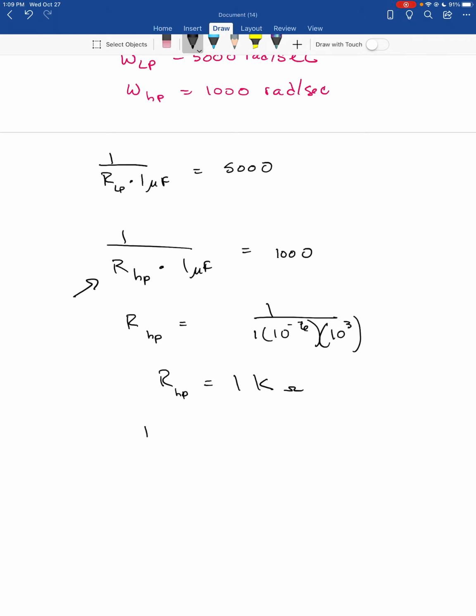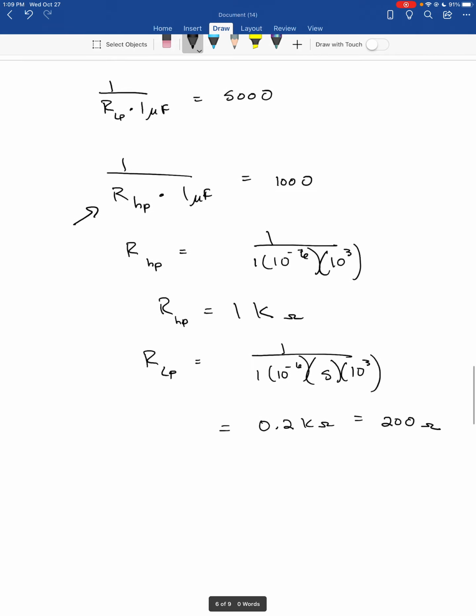And R for the low pass will be 1 over 1 times 10 to the minus 6 over 5,000, which is 5 times 10 to the third. So that would be 0.2 kiloohms, or 200 ohms.